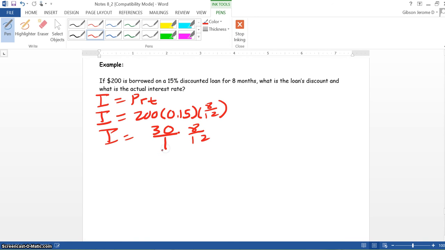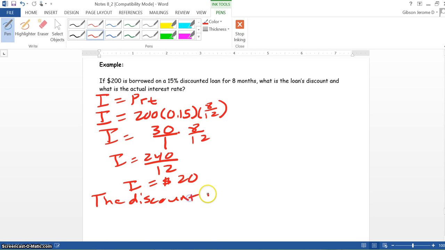So we can make this 30/1. 30 times 8 is 240, and 1 times 12 is 12. 240 divided by 12 is equal to $20. So the discount is $20. So $180 is received.